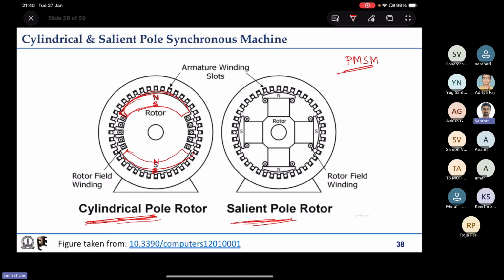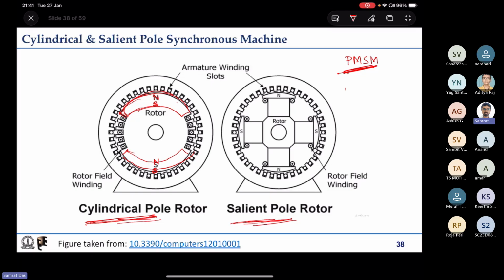But if we have to put windings into the rotor, and that will produce a magnetic field, and we have to put iron to provide a path for that magnetic field, so you see that you need a bigger volume to create the same strength of magnetic field. So inherently, because we are getting the magnetic field strength from permanent magnets, and we do not need to put any winding on the rotor, we save some space as soon as we go for permanent magnet synchronous machine.